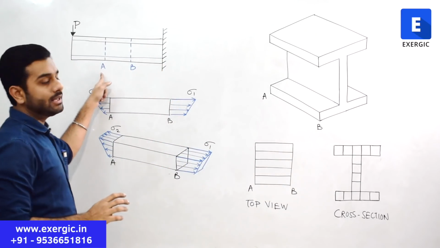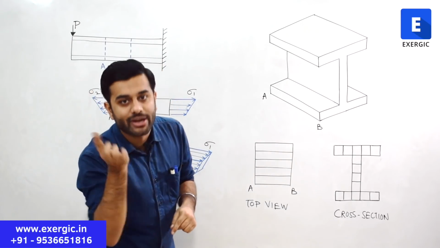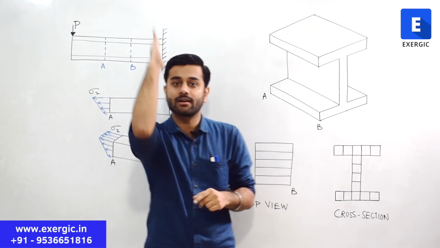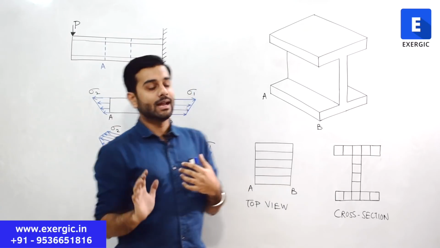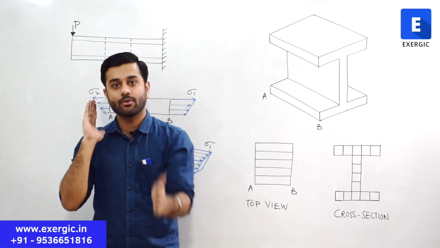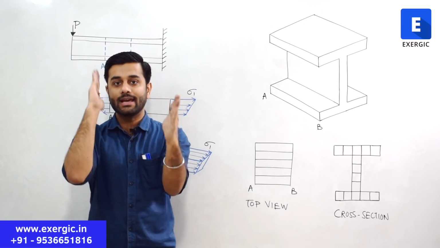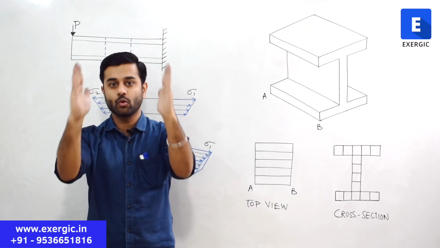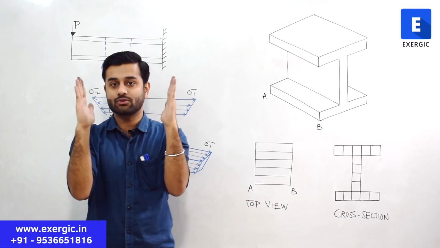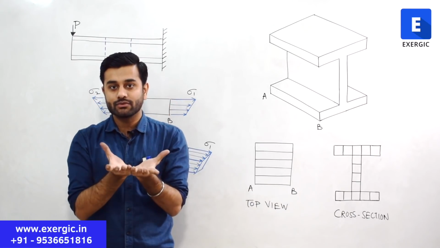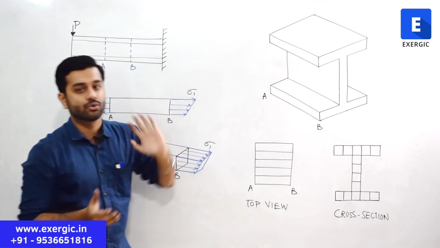Please note that A is not a single point. A is the complete cross section, and this complete cross section I am calling B. So between section A and section B, these are two parallel sections. Between these two sections, the part of the beam available, that I have shown here.